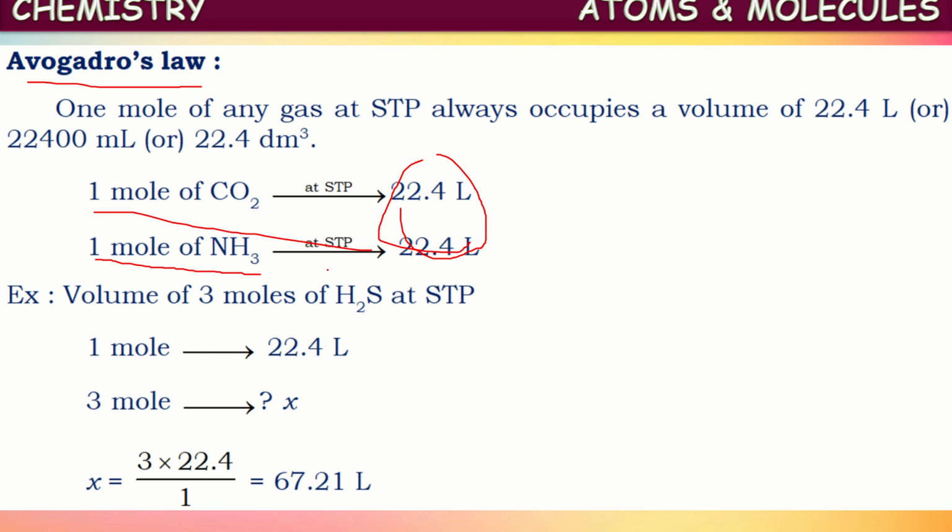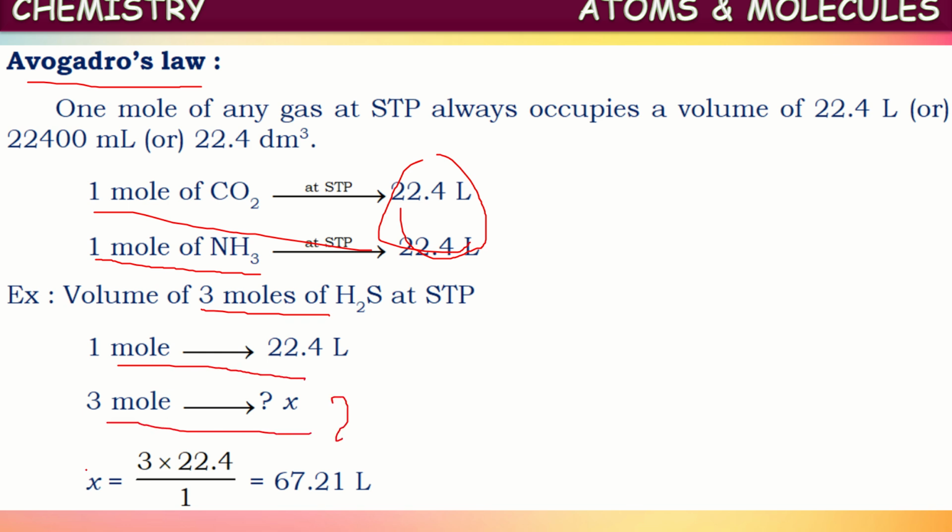Next, the volume of 3 moles of hydrogen sulfide at STP. Based on the table we can do this. 1 mole occupies how much? 22.4 liters. But the question is asking about 3 moles. 1 mole occupies 22.4 liters, 3 moles occupy how much?